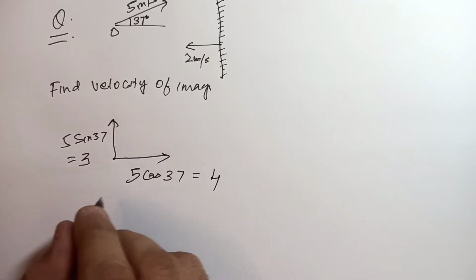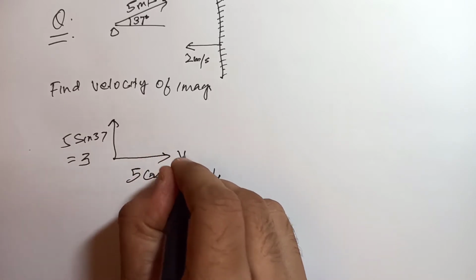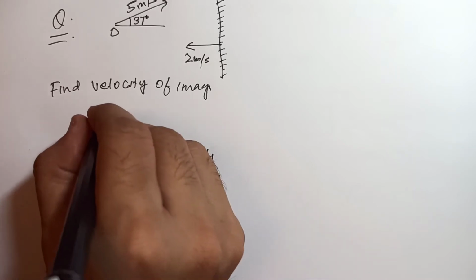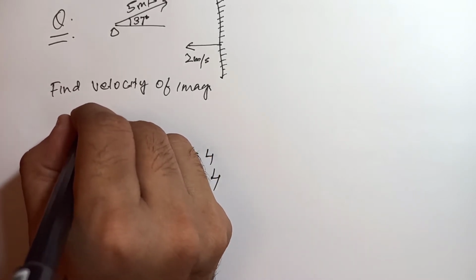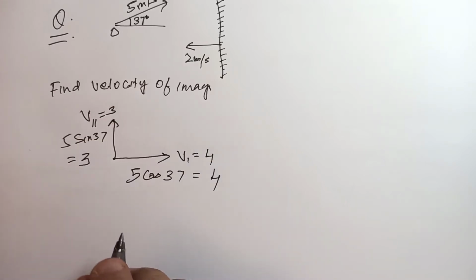Now that means this V perpendicular is equal to 4 and this parallel is equal to 3.